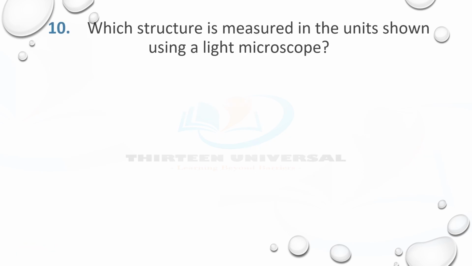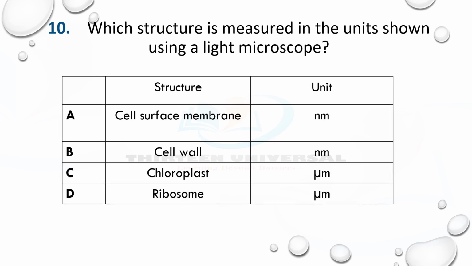All right, guys. Look at number 10. Which structure is measured in units shown using a light microscope? We cannot use a light microscope to measure the cell membrane. You cannot even see the cell surface membrane. It's too small to be seen by a light microscope. So that eliminates this. The cell wall cannot be clearly seen using a light microscope. Ribosome is too small to be seen by a light microscope; the size is about 25 nanometers for the 80S ribosome.